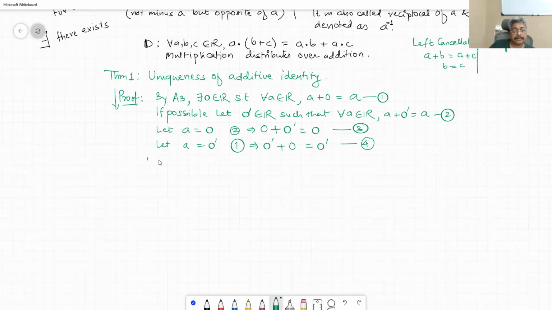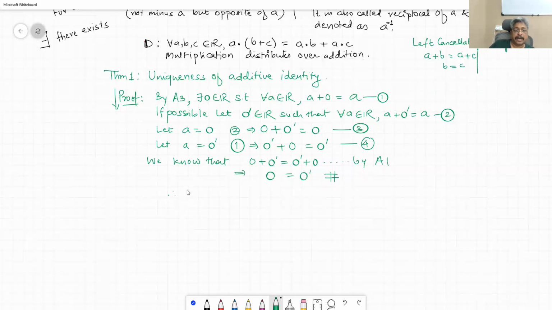We know that 0 plus 0 dash is equal to 0 dash plus 0 by A1. This implies 0 is equal to 0 dash. Contradiction.